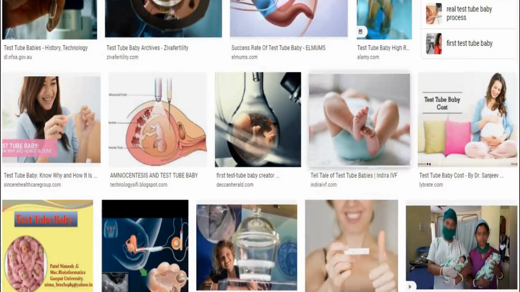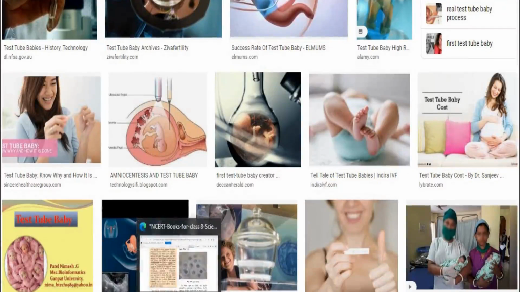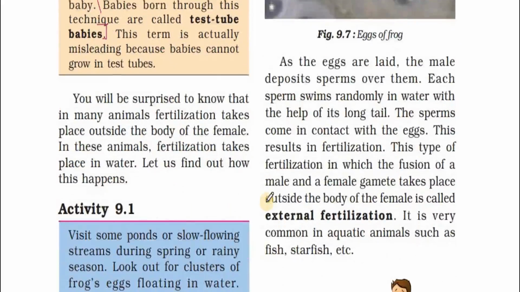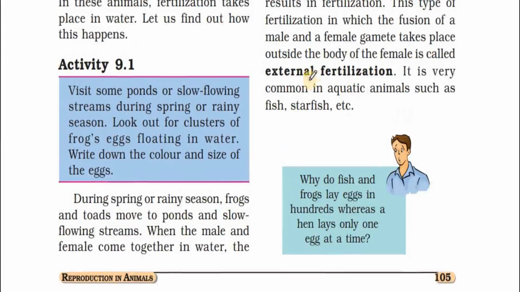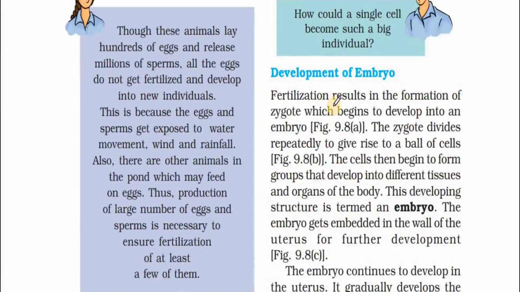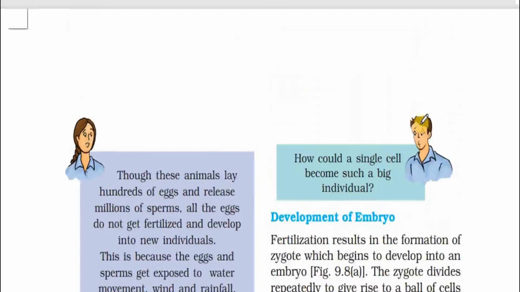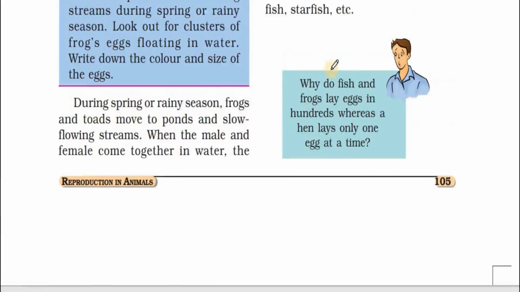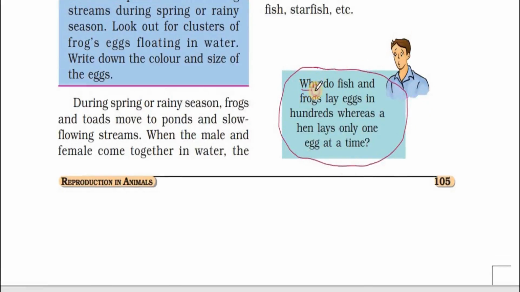Alright guys, now yesterday we talked of internal fertilization and external fertilization, right? The question we stopped with yesterday was, frogs and fish lay hundreds of eggs, and a hen lays only one egg at a time. Why?